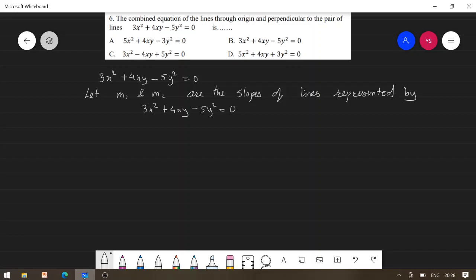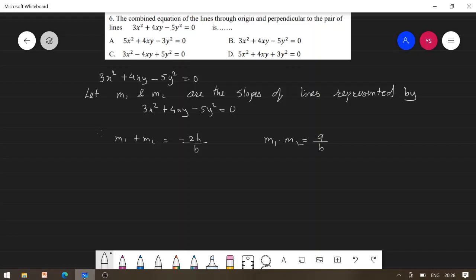Now we have m1 + m2 = −2h/b, while m1·m2 = a/b. So try to replace now h, a and b by their value.